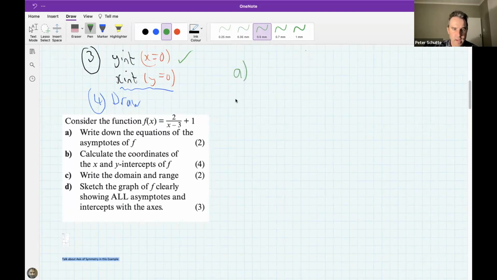Let's try and do A and B. First of all, do A and B for me, and then put your answers in the chat. Write down the equations of the asymptotes of f and calculate the coordinates of the x and y intercepts of f.